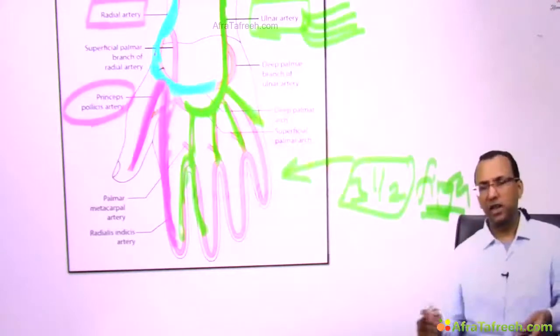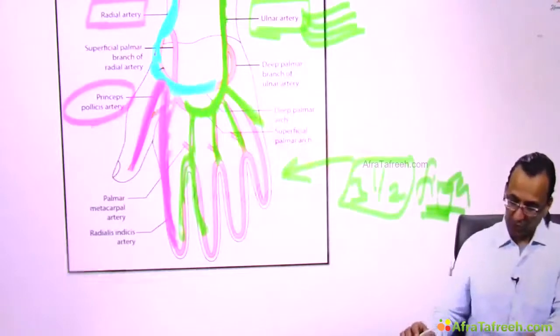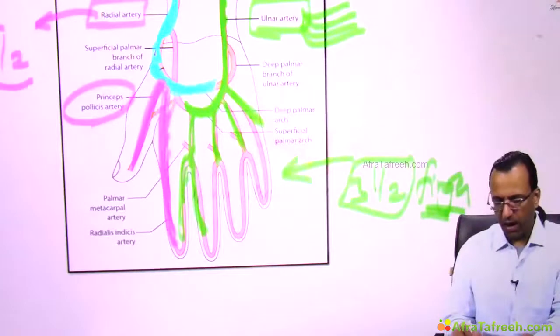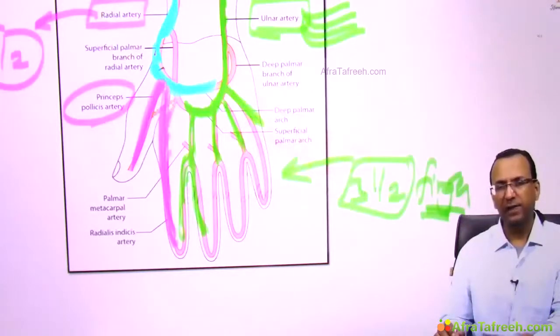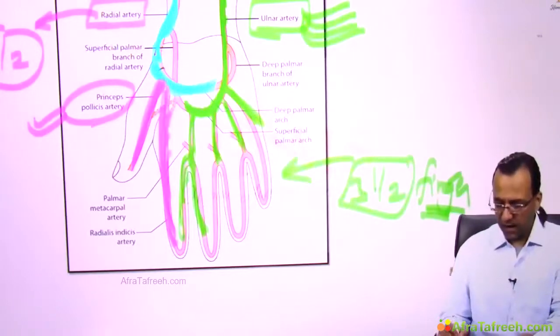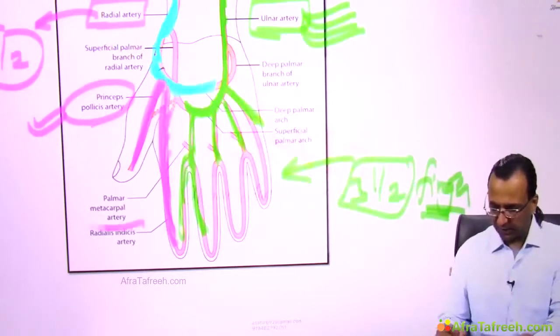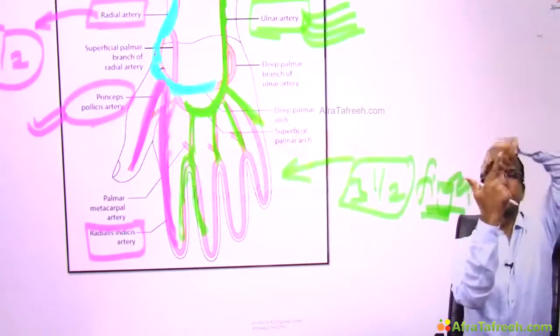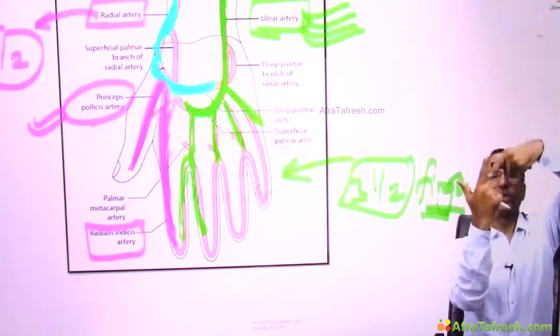That is ulnar artery territory. So you're telling that the radial artery supplies 1.5 fingers, skin and the deeper aspect, by giving the princeps pollicis, which is for both aspects of the thumb, lateral and medial, and then the radialis indicis, which is on the radial side of the index finger, because the ulnar side is supplied by the ulnar artery.